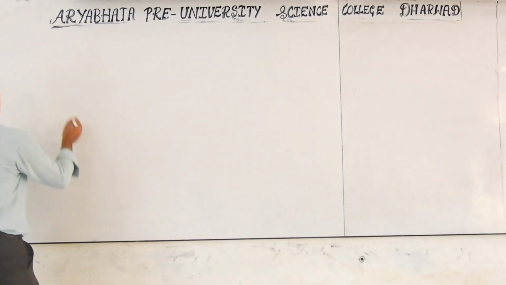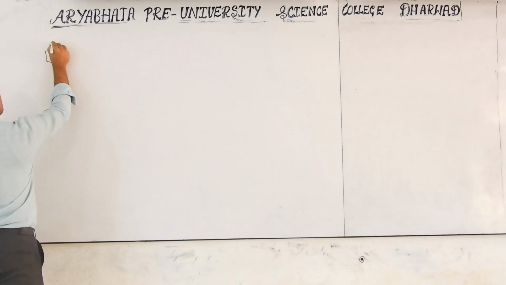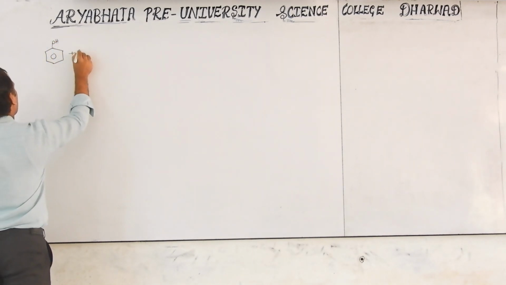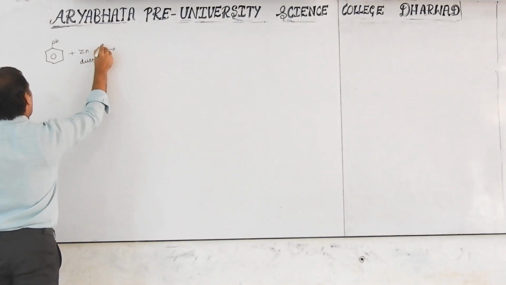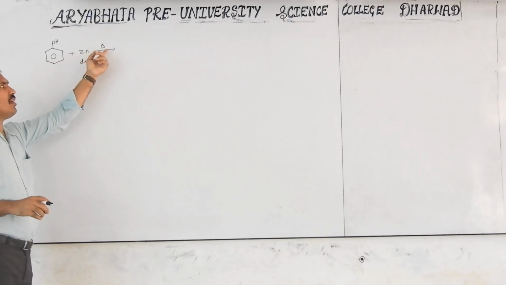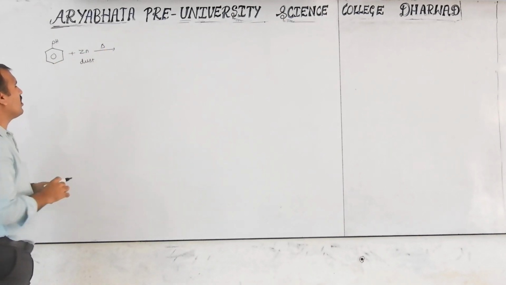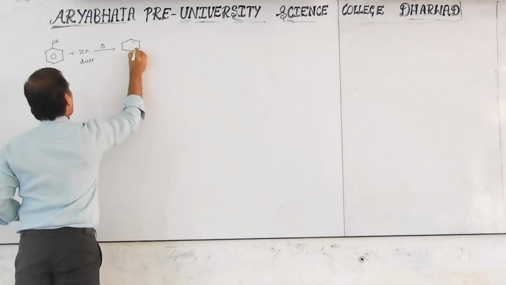Some other reactions are there. One is phenol reacting with zinc dust and heat. They may not give the word dust also. Phenol plus zinc and heat is given, you have to write benzene. This is benzene.